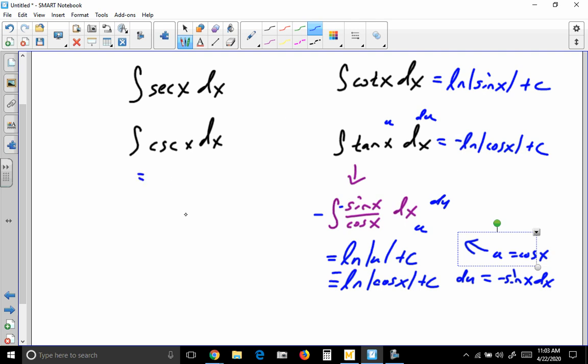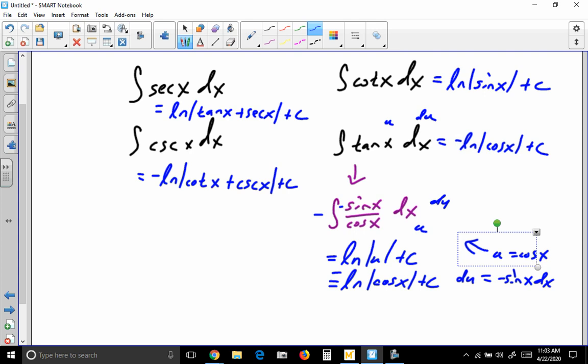Cosecant, that one's a little bit messier to show, but it turns out it's natural log absolute value of cotangent plus cosecant plus c. And secant is natural log absolute value of tangent plus secant plus c.